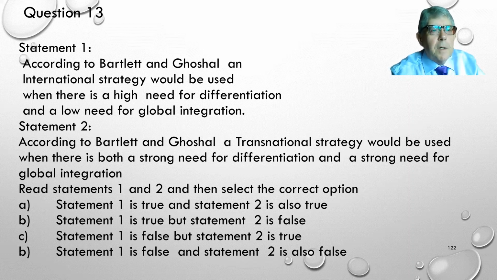Question 13, statement 1, according to Bartlett and Ghoshal, an international strategy will be used when there is a high need for differentiation and a low need for global integration. Statement 2, according to Bartlett and Ghoshal, a transnational strategy will be used when there is both a strong need for differentiation and a strong need for global integration. Read statements 1 and 2 and then select the correct option.